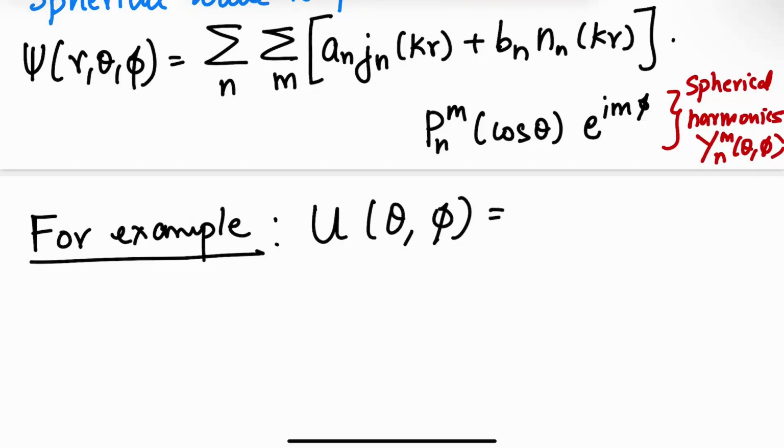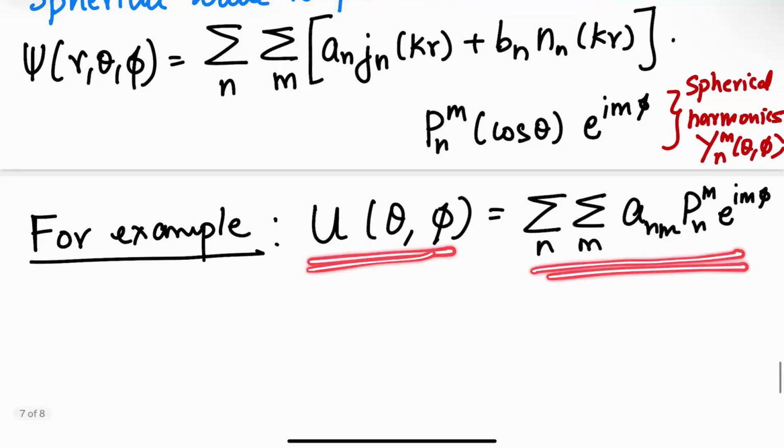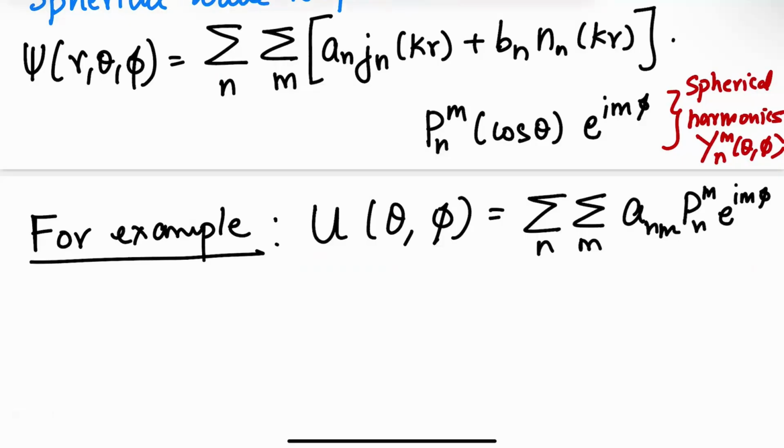So we should be able to expand this in terms of a_nm times the spherical harmonics, P_n^m times e to the i m phi. That's a function on the surface of a sphere, only a function of theta and phi. So you should be able to expand it in terms of the spherical harmonics, right?